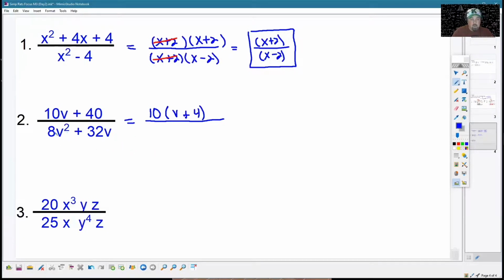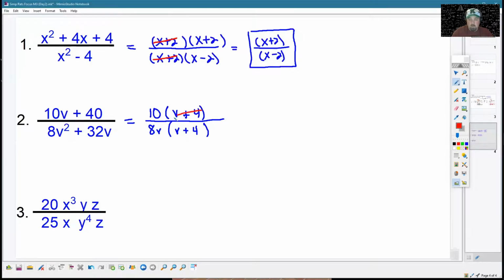Now if we're here, 8v squared and 32v, well, they have an 8 in common, and they also both have this v. If I factor that out of both of them, 8 leaves me, 8 and the v gone leaves me just a v, and 32 divided by 8 is 4, and it doesn't have a v anymore because we took the v out front with it.